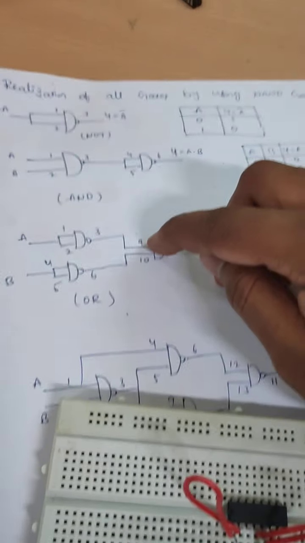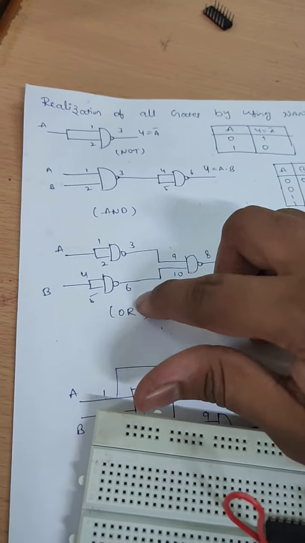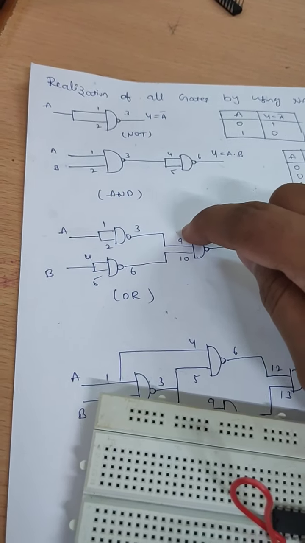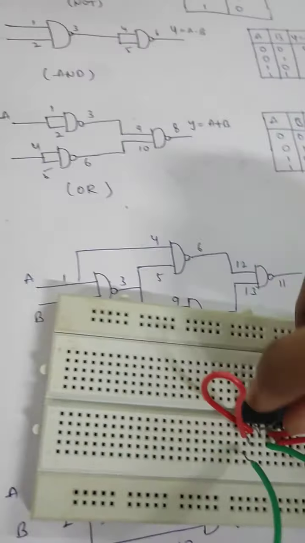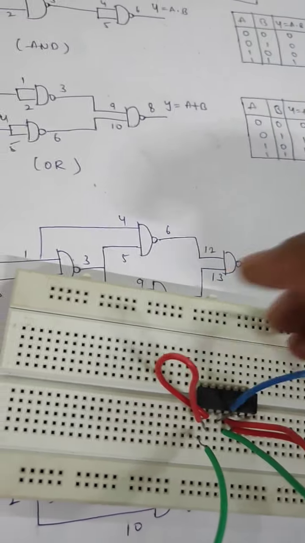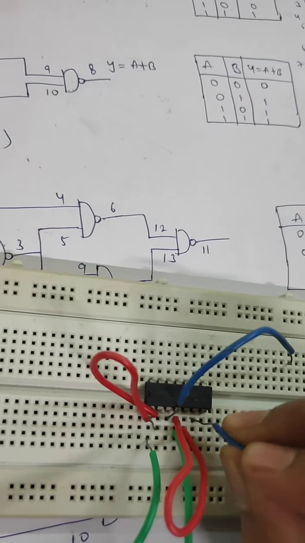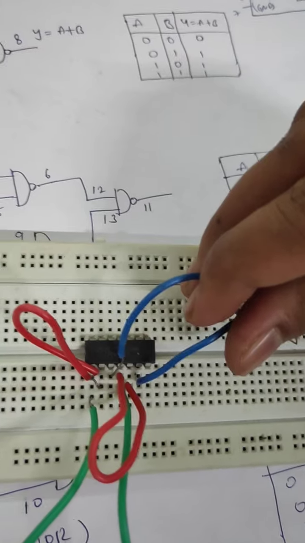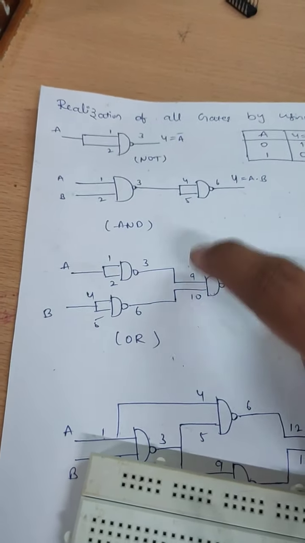And the outputs are 3 and 6. These two are connected to third gate inputs, 9, 10. Okay, this is the output of first gate and this is the output of second gate. These two outputs are connected to third gate inputs.